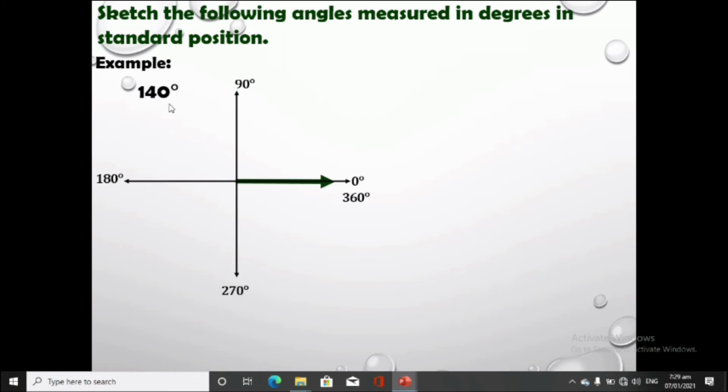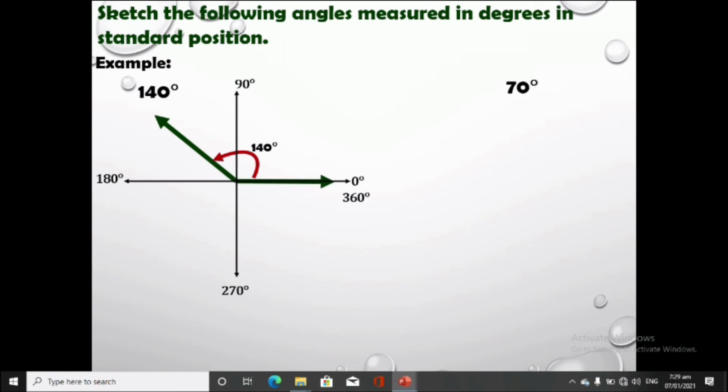And 140 degrees is greater than 90 degrees and between siya ng 90 degrees and 180 degrees. Approximately, ang position ng terminal side natin ay dito. So, this is the sketch of 140 degrees.